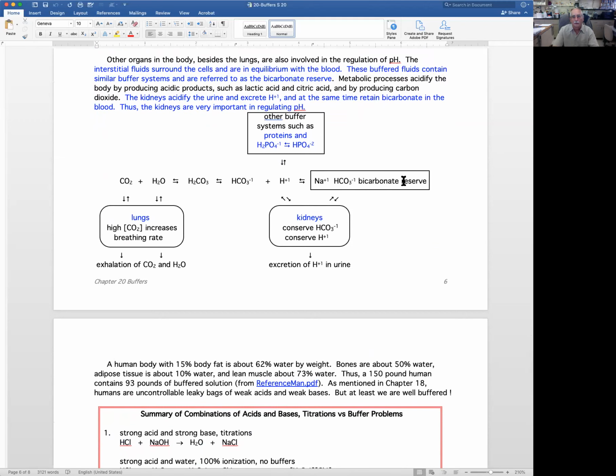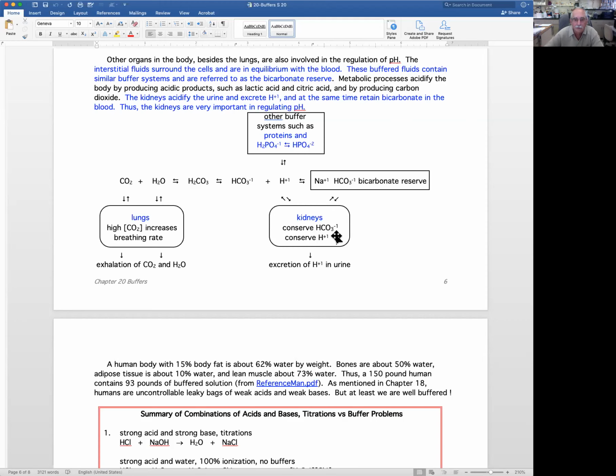And then your kidneys can acidify urine, and they can excrete hydrogen ion. At the same time, they can also retain bicarbonate in the blood. So this would raise the pH. Getting rid of this would also raise the pH.